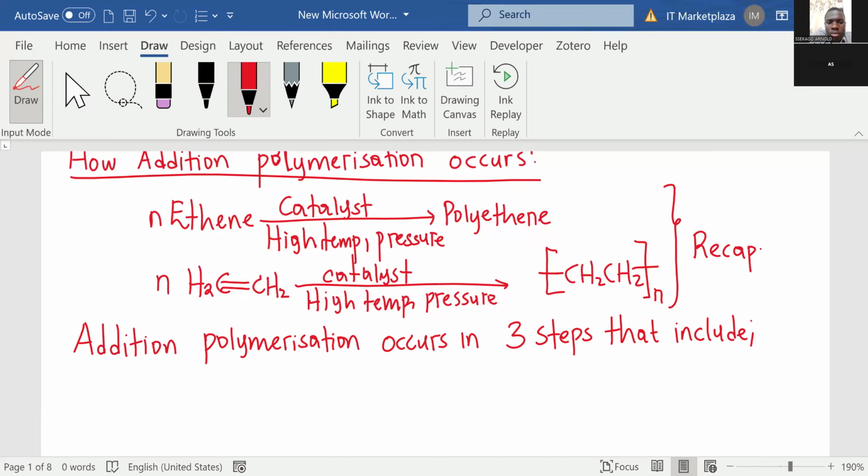Let us explore those steps in the next session.